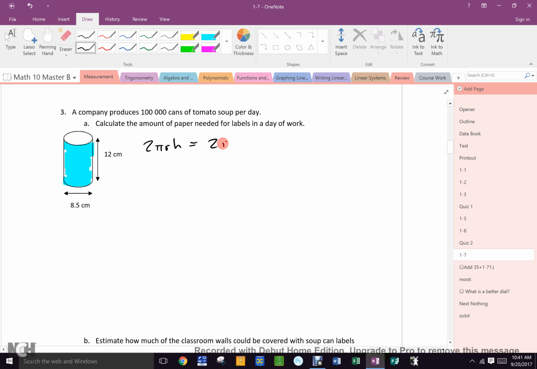So it's 2 pi times 4.25 times 12, yes? That's 1 can. Times how many cans? 100,000 of them. Multiply, because 1 can is this, but we make 100,000 of them. And that gives you an answer of what?